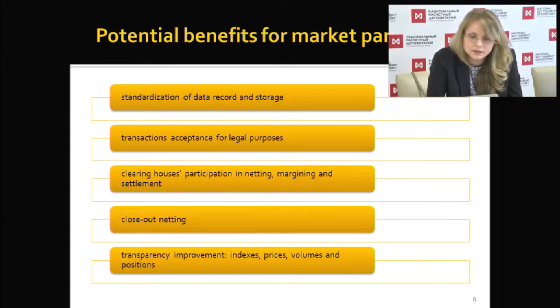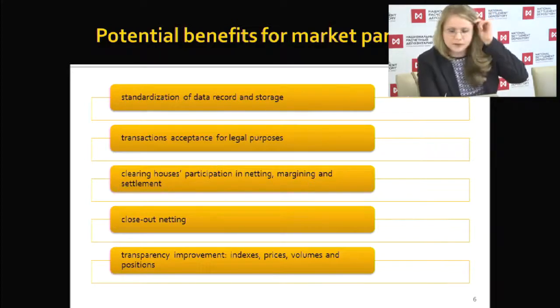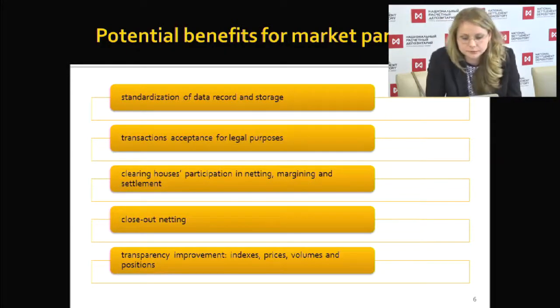Transaction acceptance for legal purposes, which is very important for us. Another one, clearinghouse participation in netting, margining, and settlement. Of course, it's close-out netting, which is very important for our financial market participants. And the last one, transparency improvement: indexes, prices, volumes, and positions.